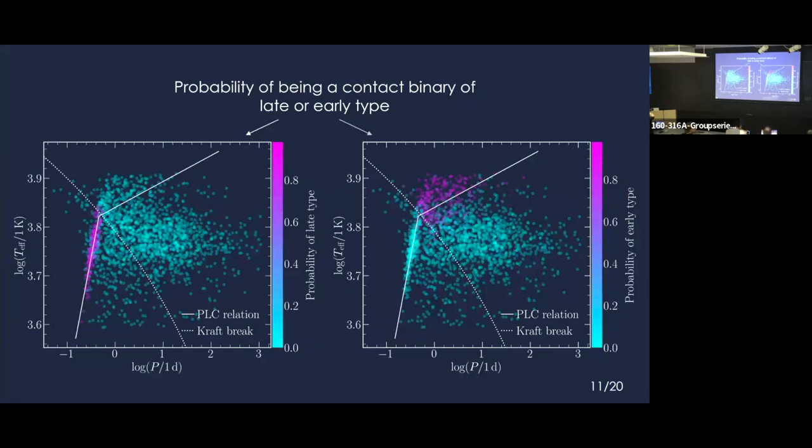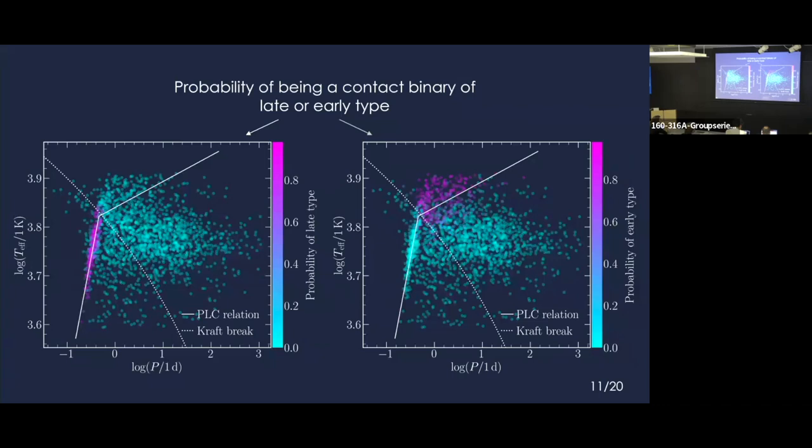And I just modeled the rest, including all the other types of binaries, or they could be some pulsating stars and so on, as Gaussian noise. And also, another free parameter of my model was that I modeled the PLC relation as a broken line, and the position of the break was one of the three parameters.